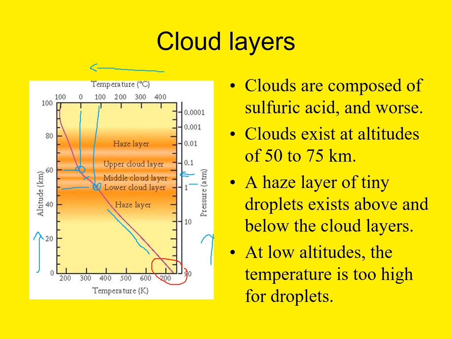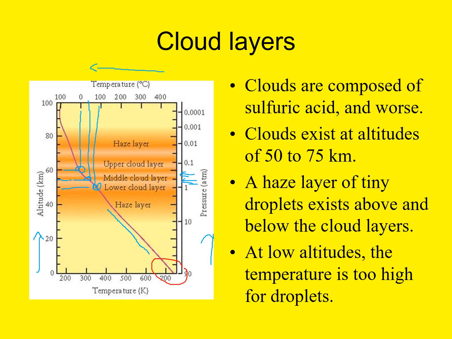The middle layer here, about 55 kilometers up, so about 30-something miles above the surface, the temperature is really about 30 degrees Celsius. That's about room temperature on Earth. And the pressure there is lower than atmospheric pressure, but not massively lower. This is like the pressure up in the Rocky Mountains somewhere.